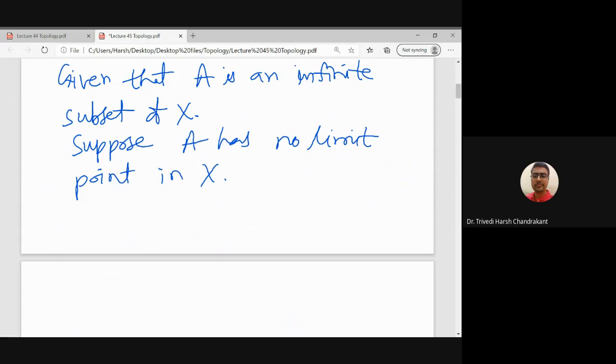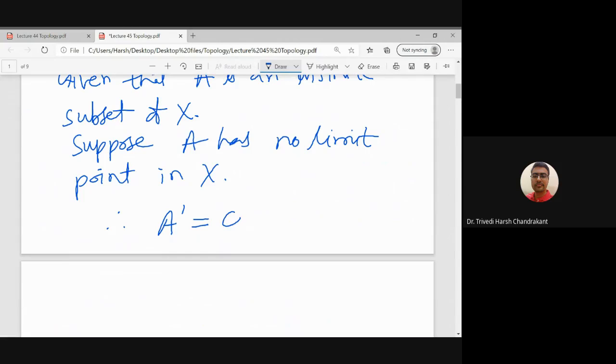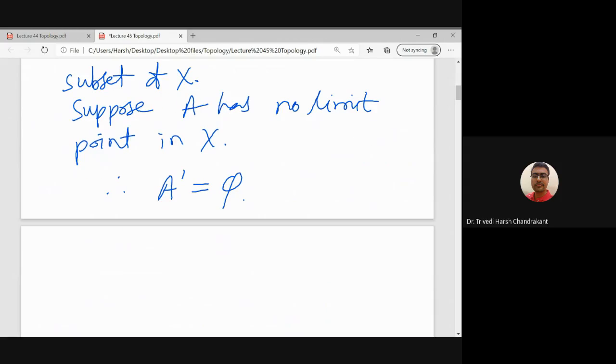So if A has no limit point, that means the set of all limit points of A is a null set. So A is a subset of X, and the set of all limit points of A is the null set. Therefore, what is A closure? By definition, A closure is nothing but A union A dash.